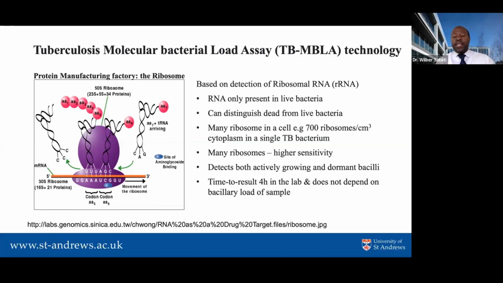The time to result is 4 hours from when the sample has arrived in the lab. And the turnaround time does not depend on the bacterial load of the sample. If 2 patients come now, the one with a low and high bacterial load, they will all get their bacterial load quantified at the same time.